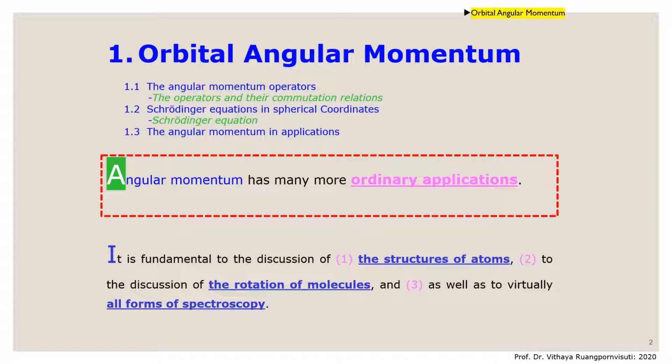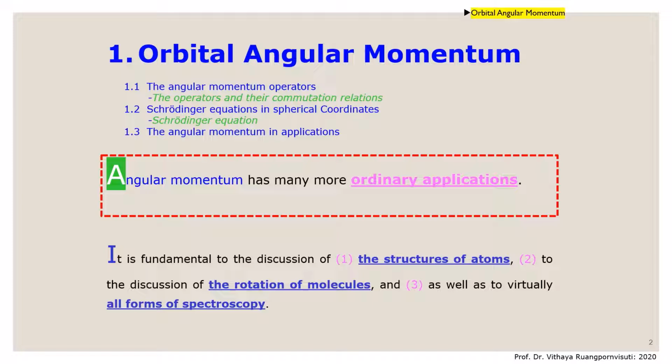The important topics of the orbital angular momentum can be separated into 3 topics. 1.1 is the angular momentum operators. The details of the operators and their commutation relations will be presented. 1.2 Schrödinger equations in spherical coordinates.